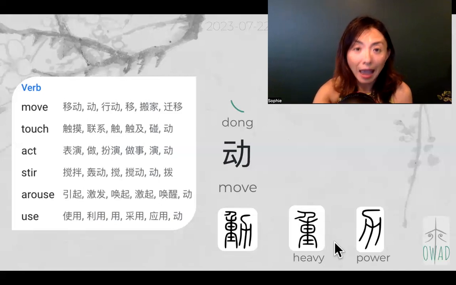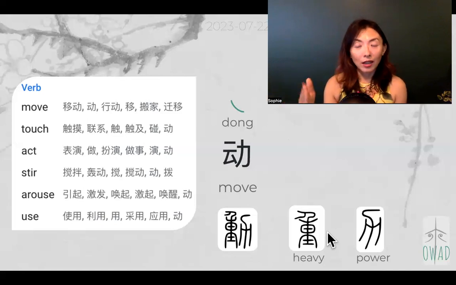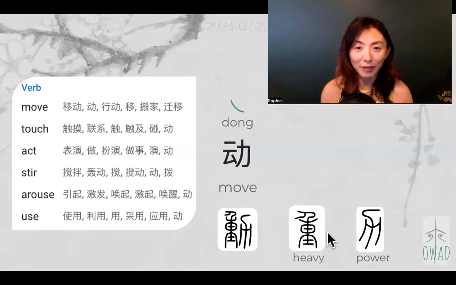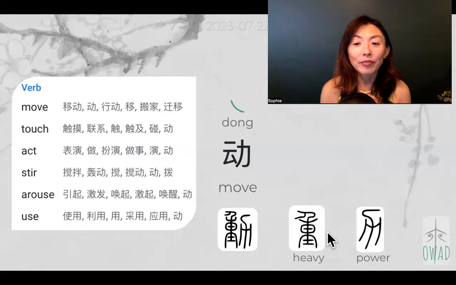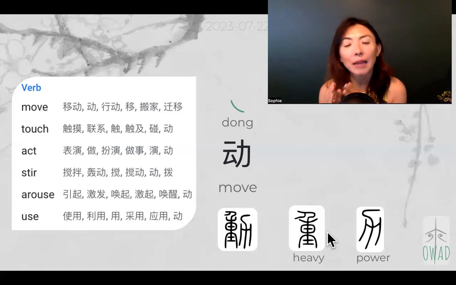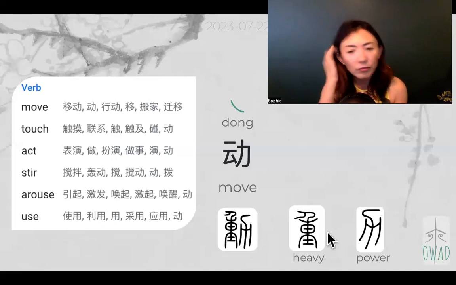It means heavy. And now, after looking at Chinese characters for over 1.5 years almost, I kind of understand the story of this, because at the very beginning, I was trying to explain why this means heavy.